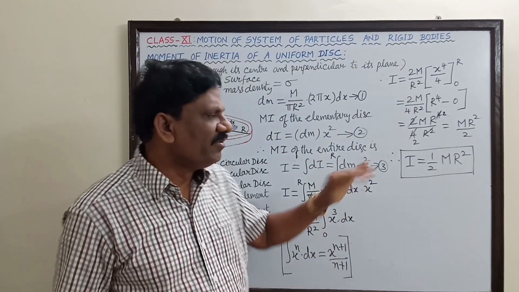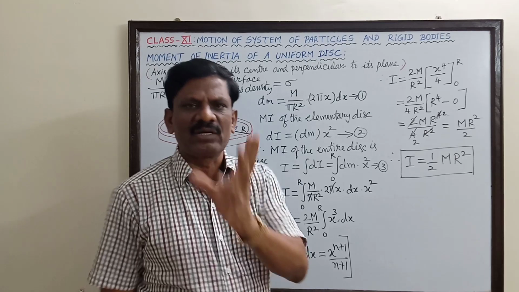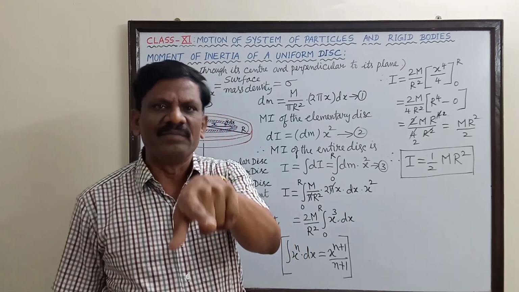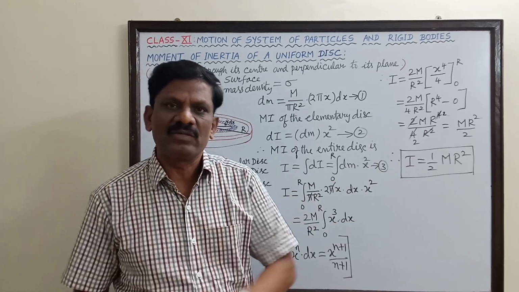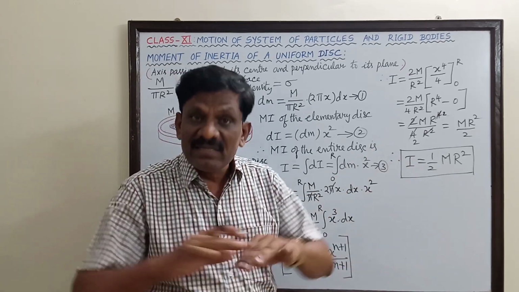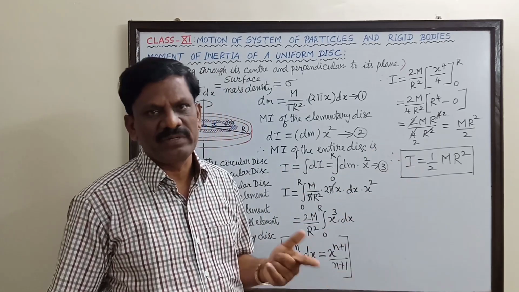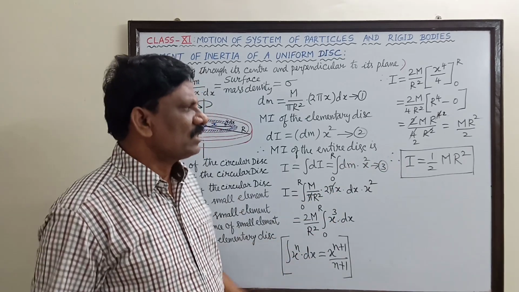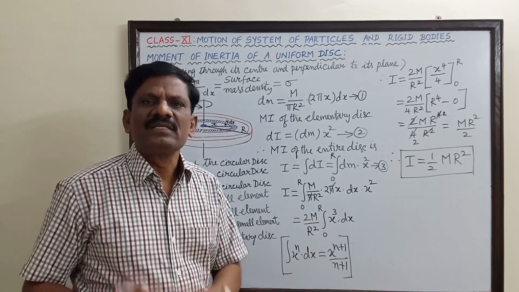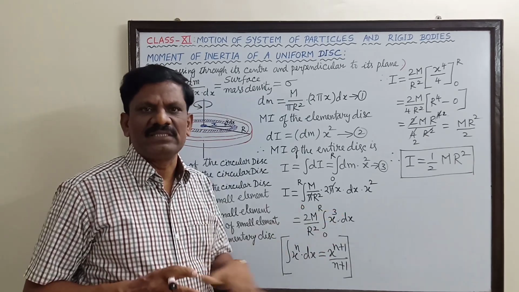Now, just before this, we derived an expression for the circular ring having the same mass and same radius. For that, the moment of inertia we got was MR square. For the circular disc, it is half MR square. Understand? Same mass and same radius. So, what is to be understood here in all such derivations?